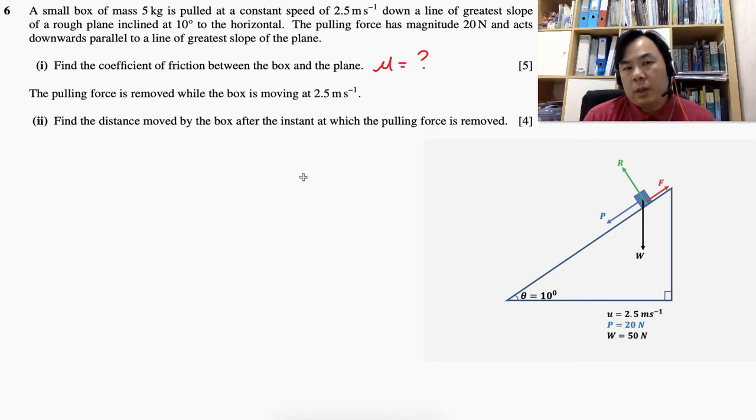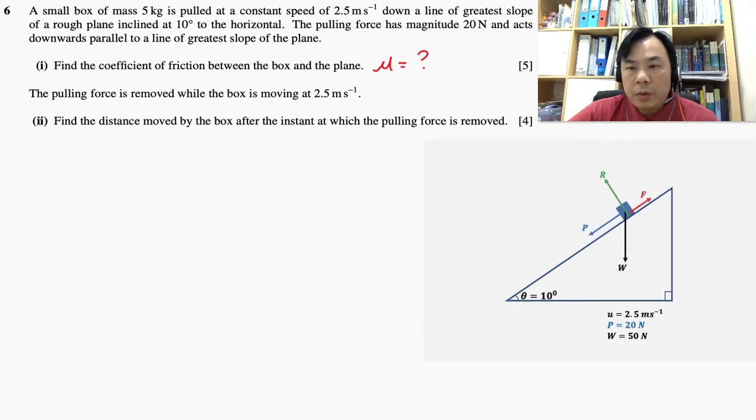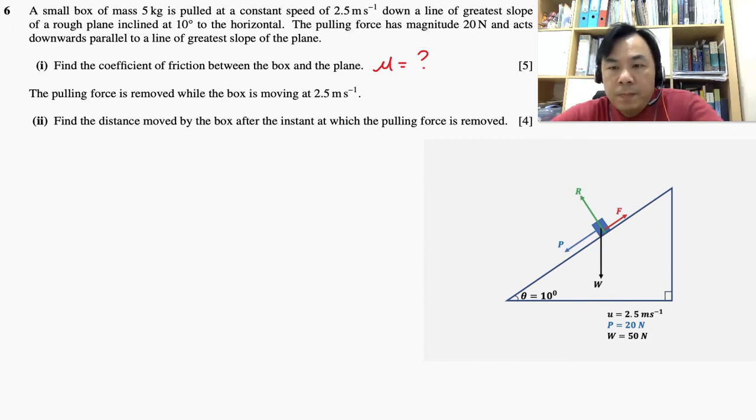Now we look at the first one first. I'm going to show you how the mechanics actually look like. Okay, let's look at this. It's moving down along the slope. Okay, and then the pulling force is removed while the box is moving at 2.5 there. We're going to look at that shortly. We're going to work out the first question first.